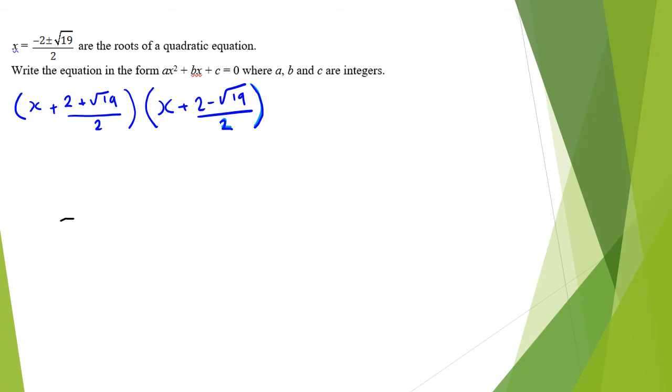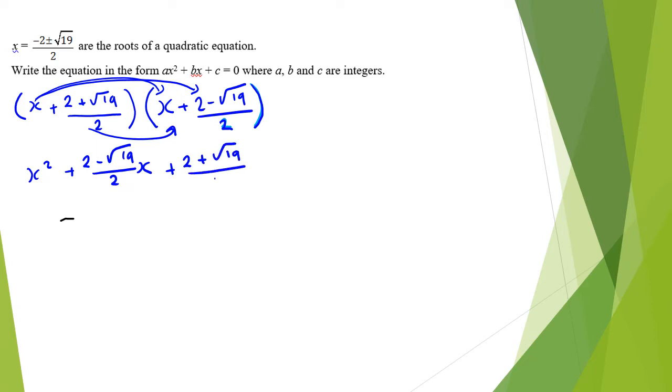Next, we expand the two factors together. This one times that gives x squared, and this one times this one gives positive (2 minus square root of 19) over 2 x, then plus (2 plus square root of 19) over 2 x. And then the last one multiplies the constants together.